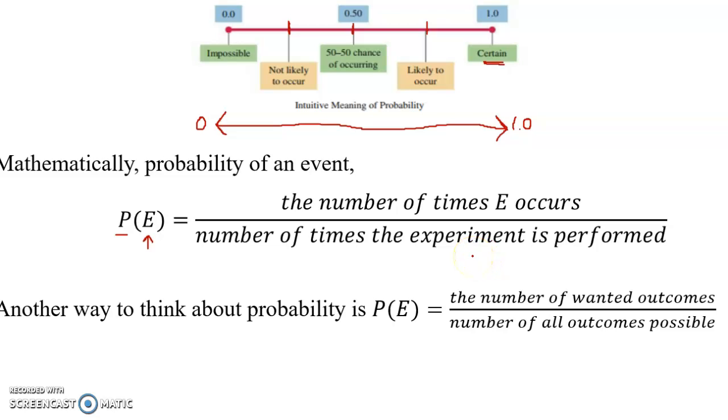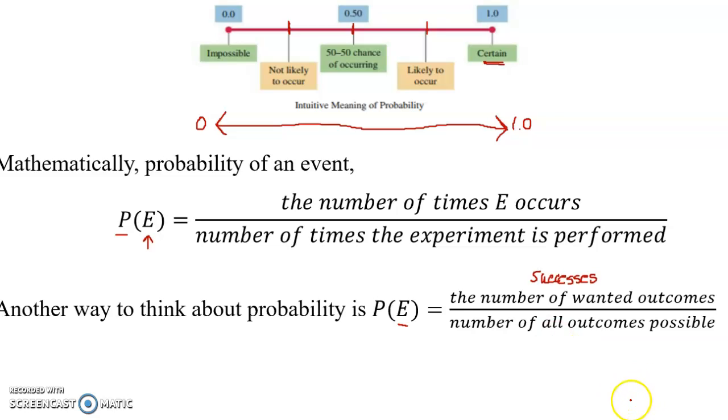Another way to think about it, the probability of a particular event is the ratio of the number of wanted outcomes, or you will hear me say the number of successes, the things that we're looking for, divided by the number of all outcomes, which is represented by our sample space.